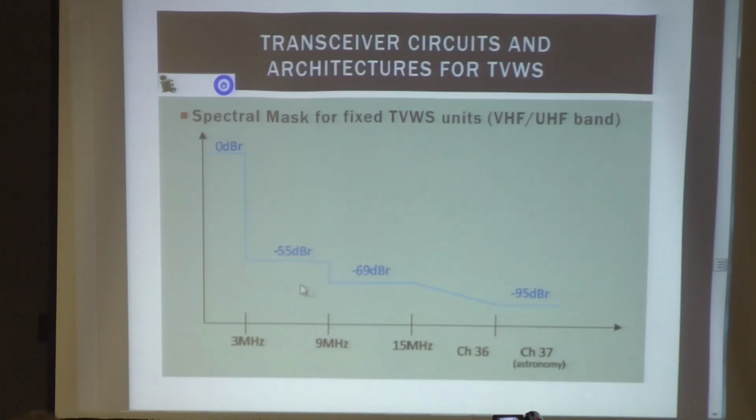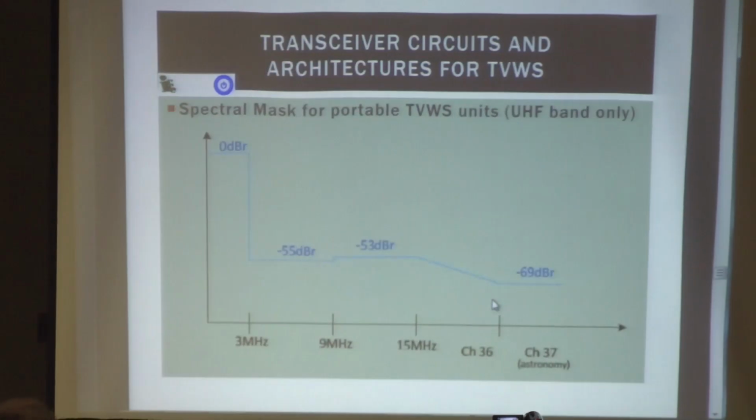And this is for the N+1 channel, and for the N+2 channel it becomes more stringent, it's minus 69. And over here, this is actually a very interesting channel, which is the radio astronomy channel. It requires a very clean channel, so it becomes very stringent at that specific channel. And this is for fixed TVWS devices.